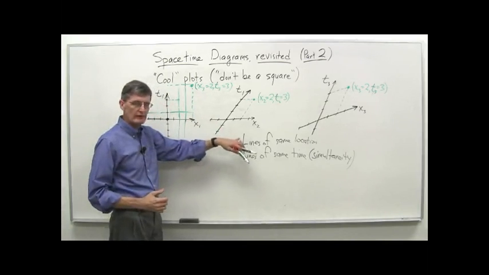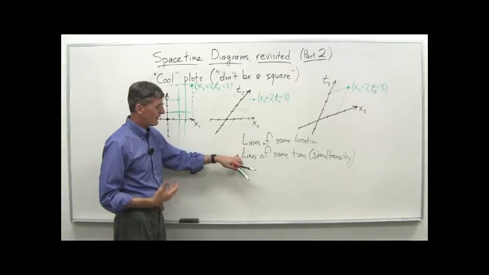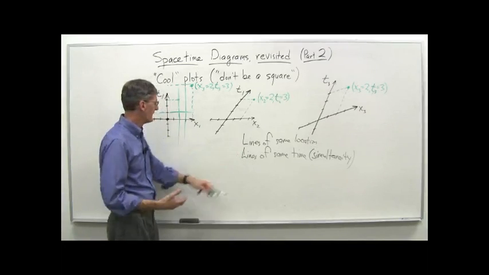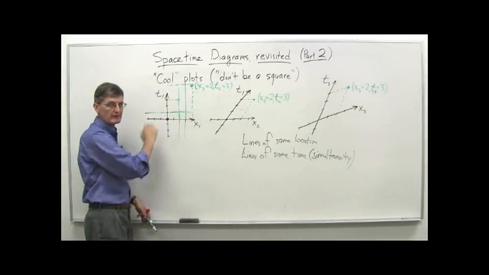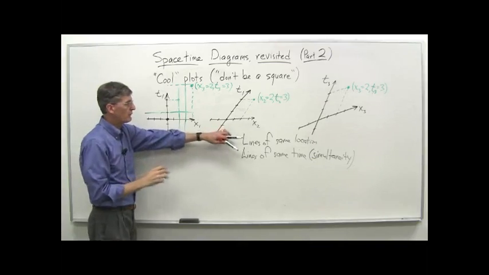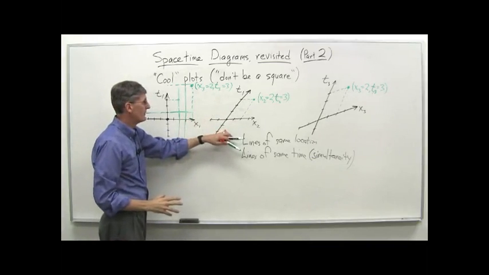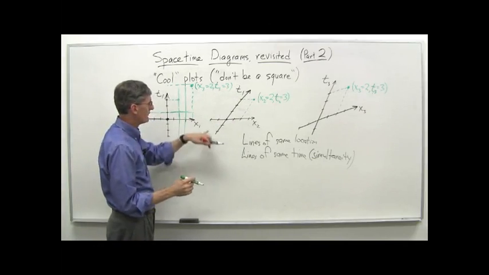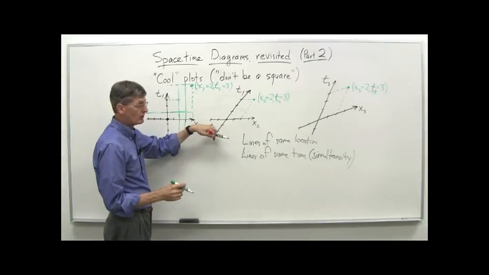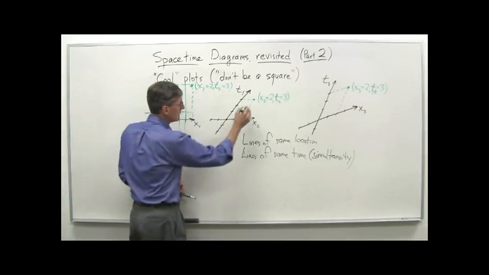So back to the point here, though: lines of same location, lines of same time, or lines of simultaneity. Vertical and horizontal here, note that they're parallel to the respective axes. And same thing when we get these skewed plots, as it were, these non-square plots. The lines of same location here are going to be like this.